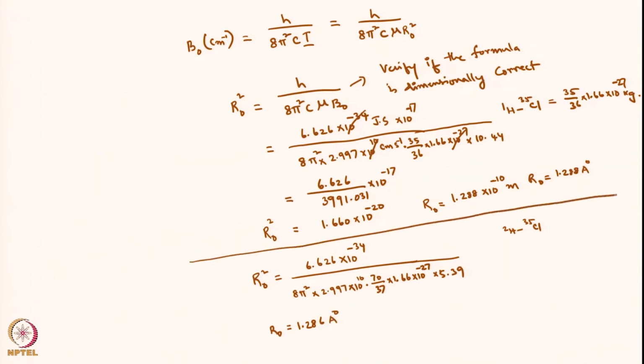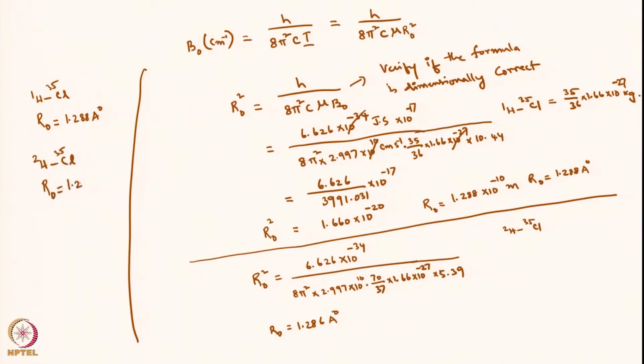So, what I get is the following: for 1HCl35, that is HCl with 35 isotope, R naught will be equal to 1.288 angstrom, and for 2HCl35, that is DCl, R naught is equal to 1.286 angstrom.